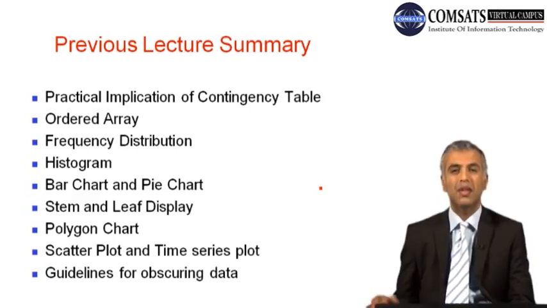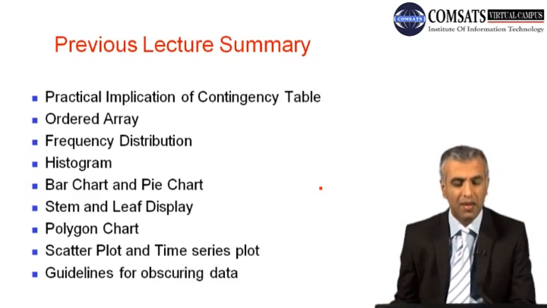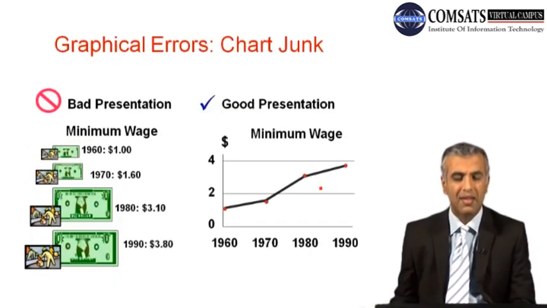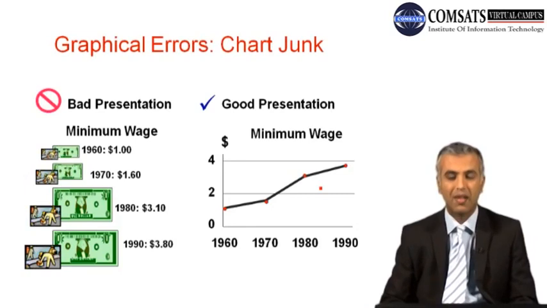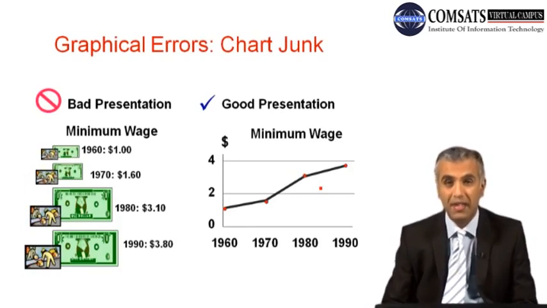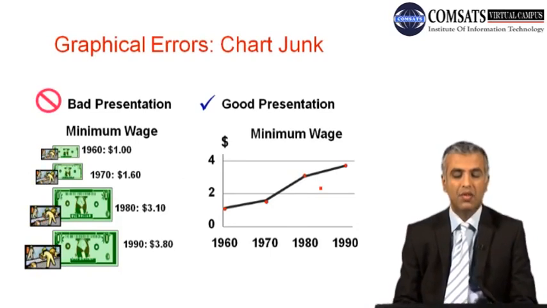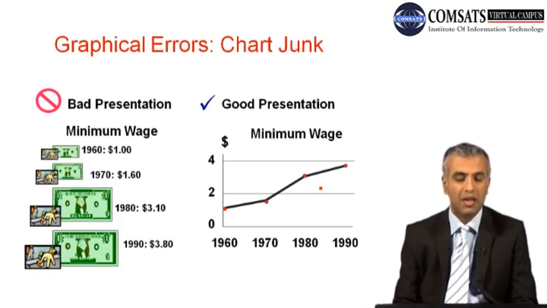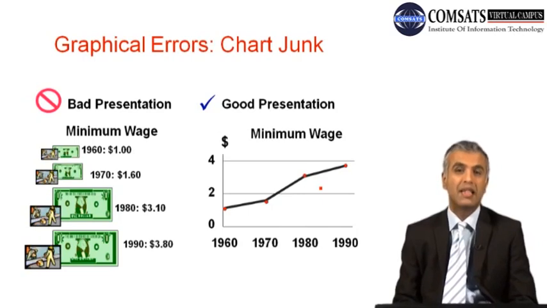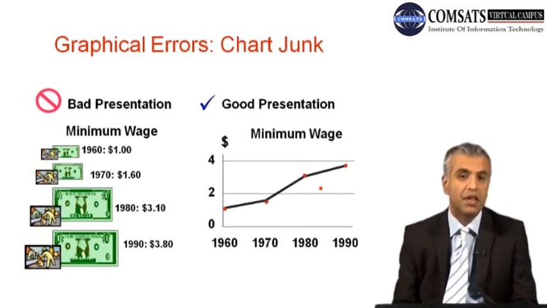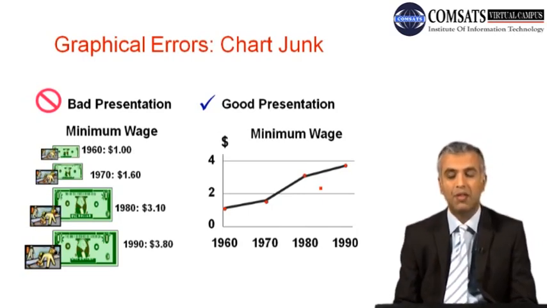So continuing with the guidelines, there are certain issues which should be discussed, like the term chart junk, which we used in previous slides. In this case, you can see the interpretation of a bad presentation of data and the interpretation of a good presentation of data.